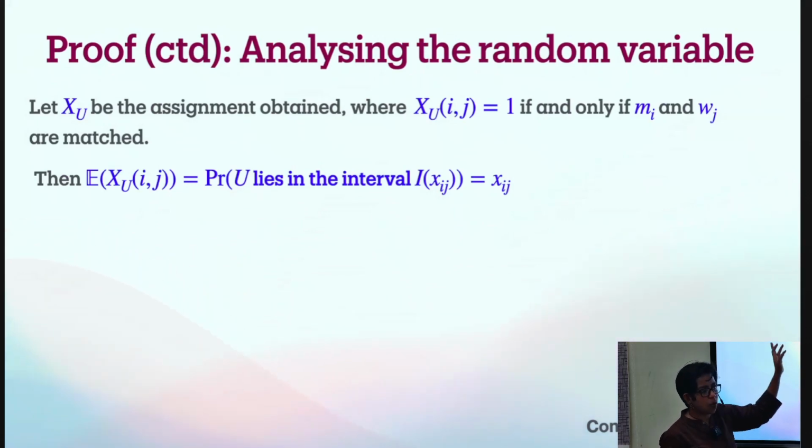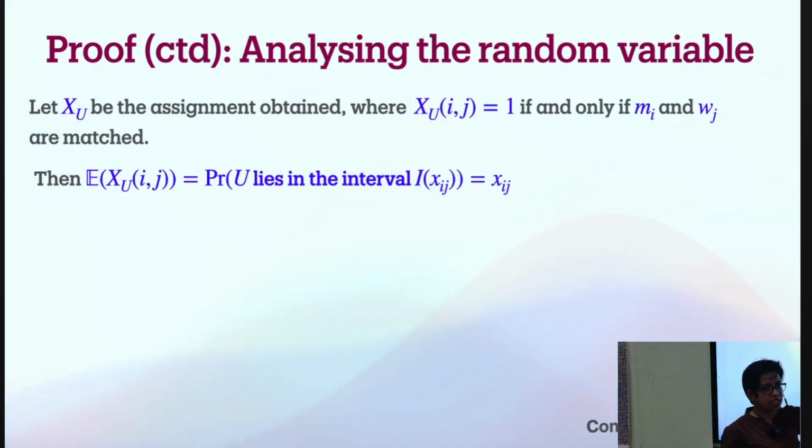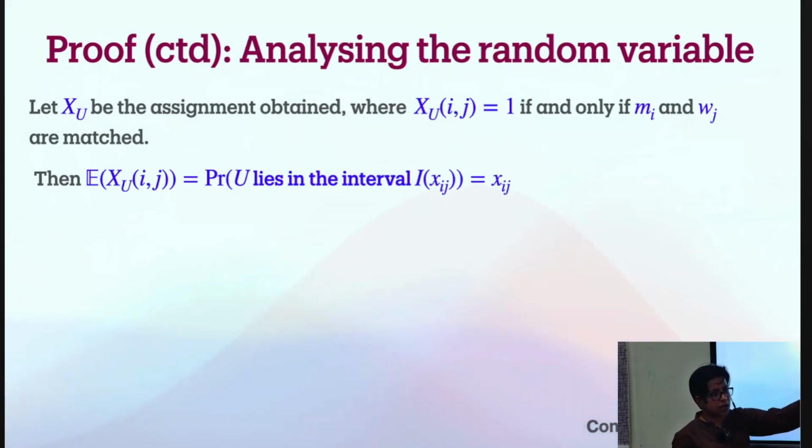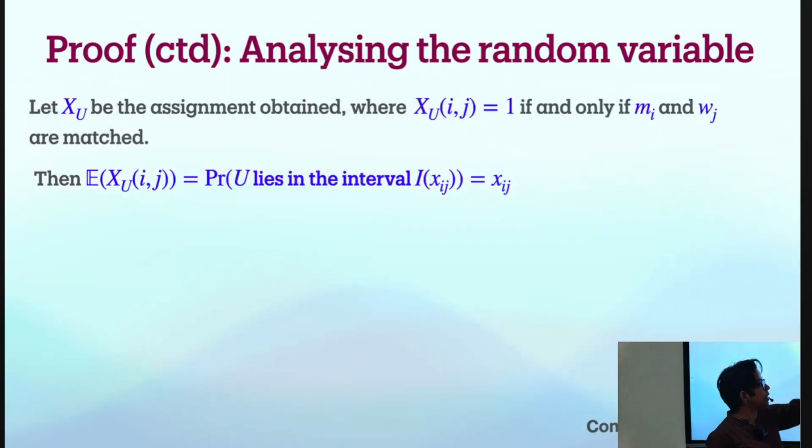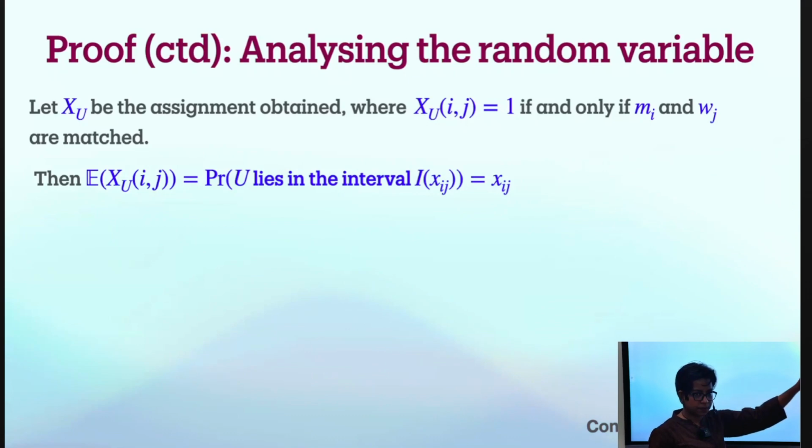Let's talk about why this expectation takes this form. Because X_U ij is a 0-1 variable, right? If the U falls in the interval x_ij, X_U ij takes value 1, 0 otherwise. So, the expectation of this value is literally the probability that the value U falls in the interval x_ij. Okay?